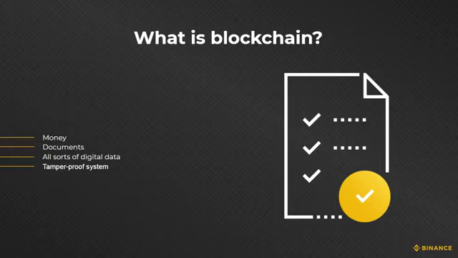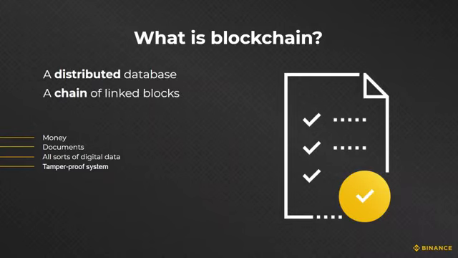So the documents, as you see, it's not just about money, it's actually a very secure system for digital data, and it's secured also for money. It is actually one of the safest means of transaction, a distributed database, as you know, a chain of linked blocks, a special type of ledger.